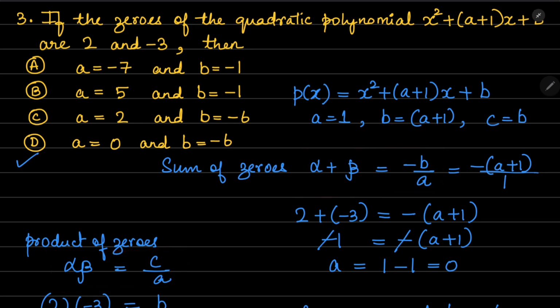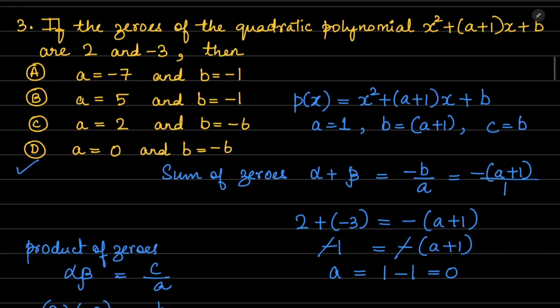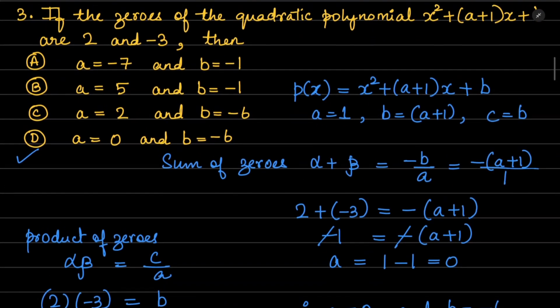If you know these two formulas, you can do a lot of things with respect to finding the quadratic polynomial, or finding the zeros, or finding any unknowns like k which are part of the polynomial. You can do n number of things if you know the zeros or the sum of zeros. Let's move on to the next question.